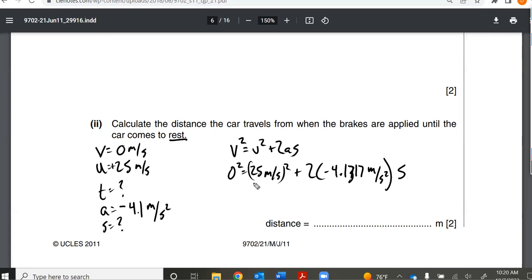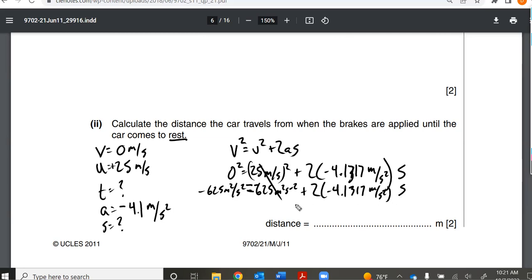25 squared is 625. So we're subtracting 625 meters squared per second squared from both sides. That gets rid of that, and on this side it's negative. We still have plus 2 times negative 4.1317 meters per second squared.